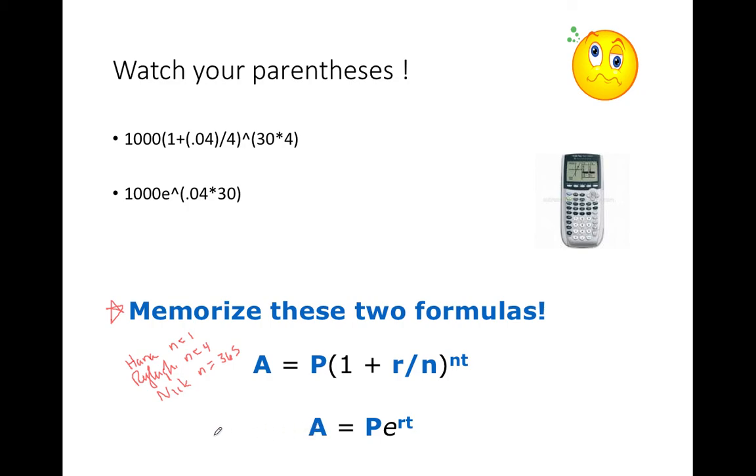Here, though, this is what we used for Kayla, when interest was compounded continuously, where n approached infinity.